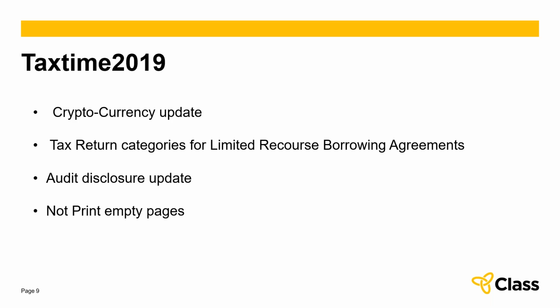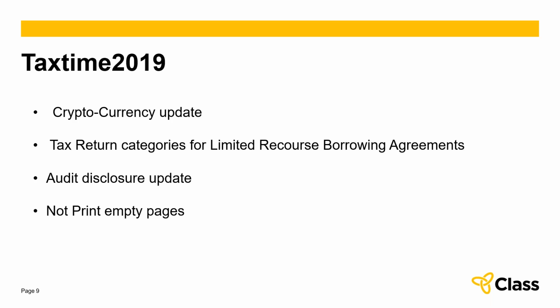But one of the enhancements we've done in this area is in the printing, because currently what CLAS does is print, especially in the member section, 4 pages for each member, plus two pages for the supplementary section, irrespective of how many members are in the fund.